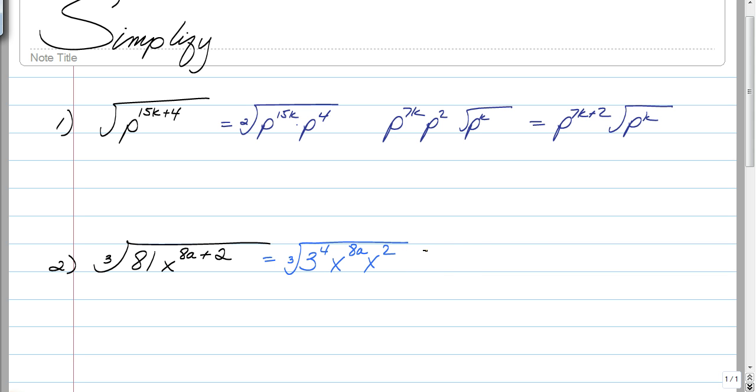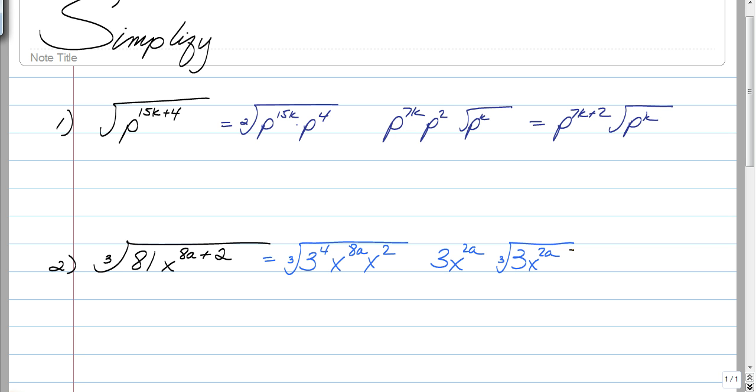So how many times does 3 go into 4? Once, so I can pull out a 3, but I have to leave a 3 on the inside. And then I have 3 going into 8a. It'll go in there twice, so I can pull out an x to the 2a, but I'm going to have to leave 2 a's inside because there are 2 remaining.